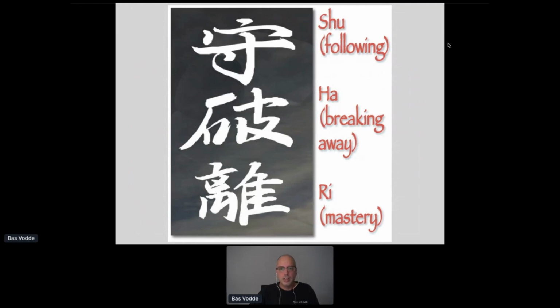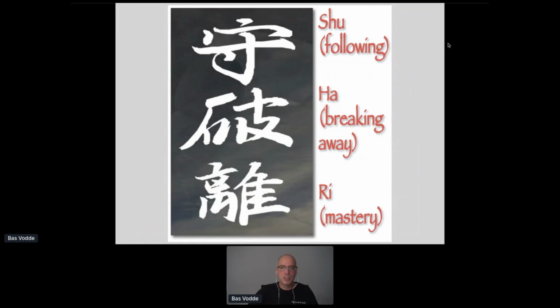It describes three levels of learning. Shu, beginner level, where you need instructions to follow. Ha, beginning expert, or expert beginner, where you learn which rules to break at times. And then Ri, master, expert, and you don't need rules to follow anymore. You come up with your own rules.